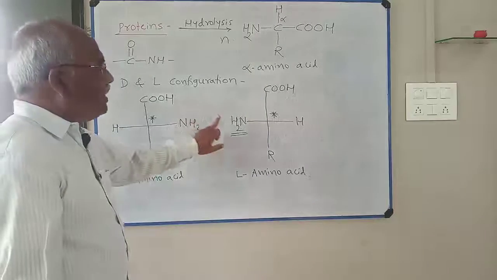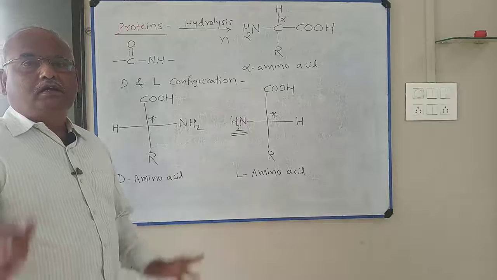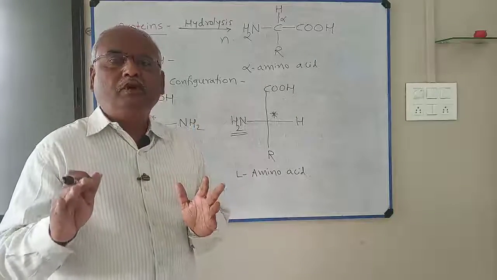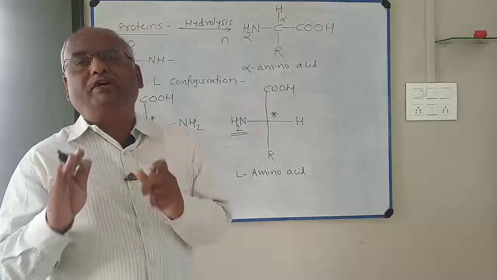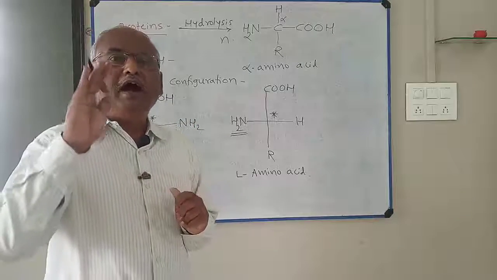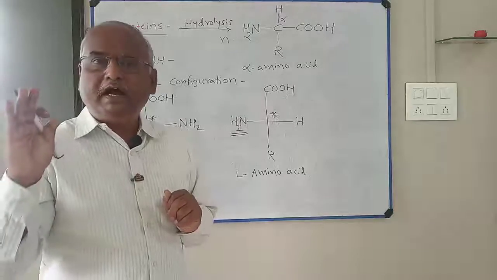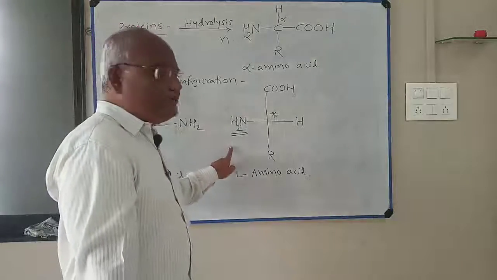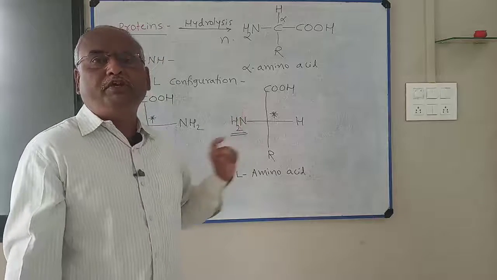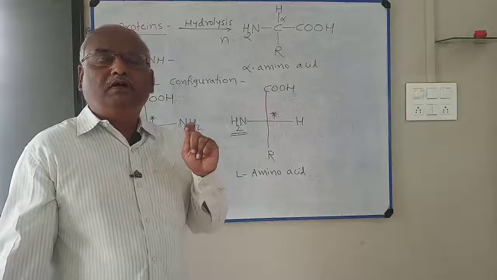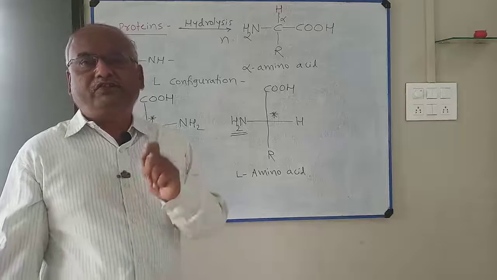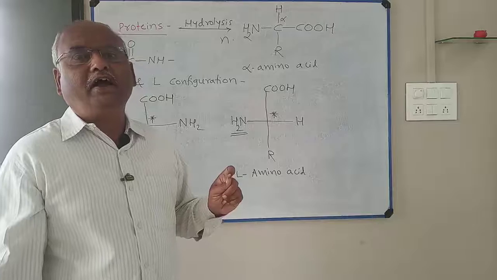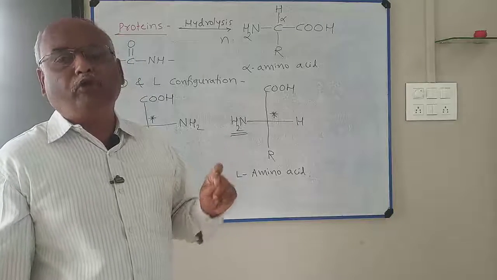So amino acids are colorless, crystalline, soluble in water and have high melting points. I repeat once again. Amino acids found in protein are colorless, crystalline, soluble in water and have high melting points.